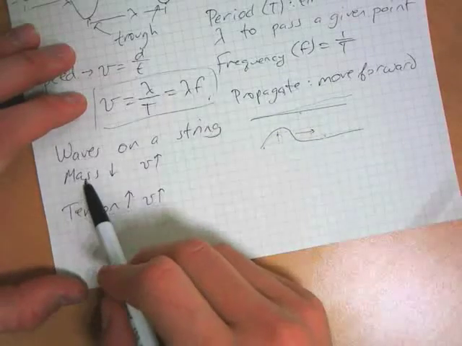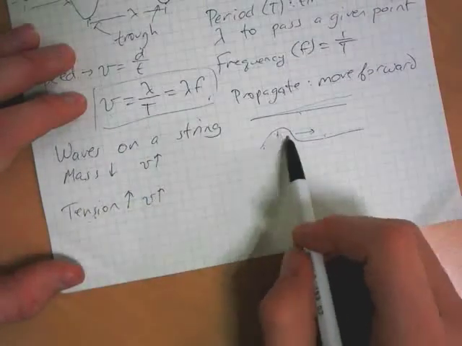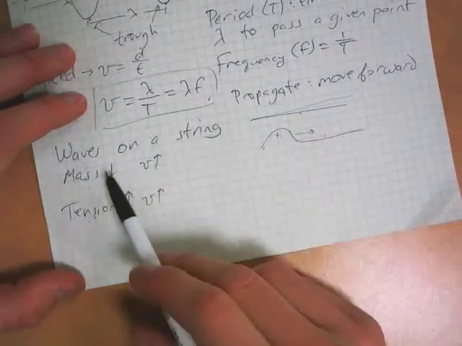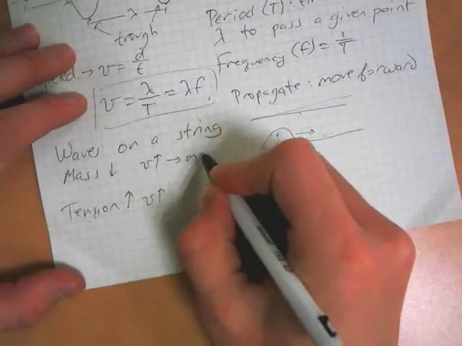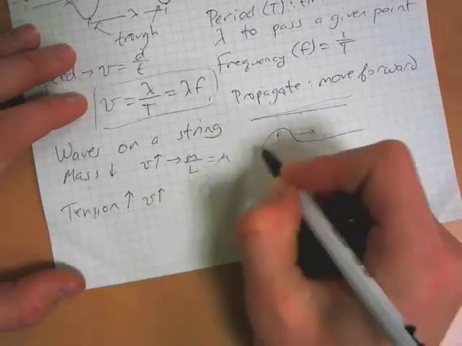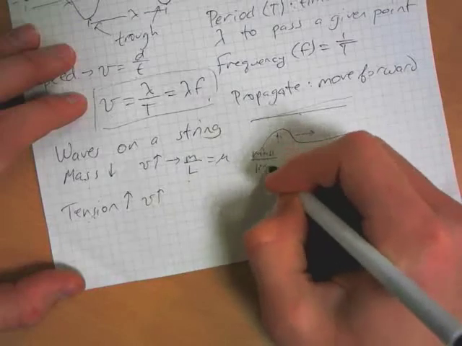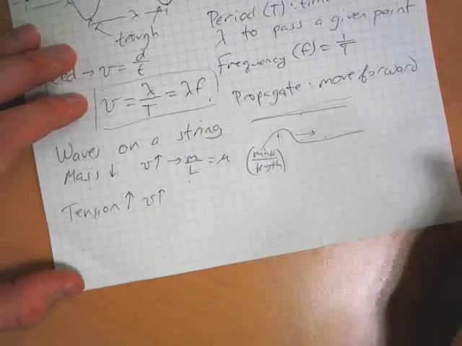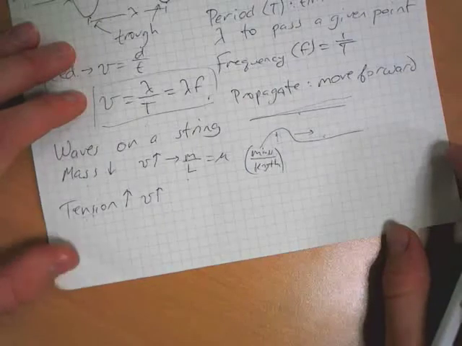But what's moving is not the entire string, it's a piece of the string. So really, it's not mass that's important, but it is the mass per length, which we call mu. Mass over length of the string. So the mass per unit length. So that is what comes into play.